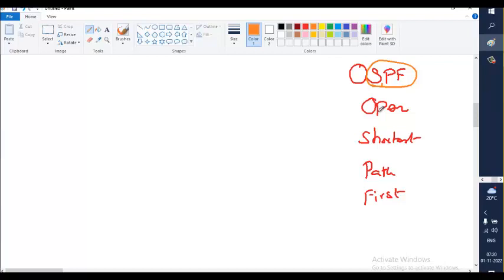Binary tree algorithm is another word. There are many names for this. Dijkstra's algorithm is also one of the names. The algorithm was proposed by a person called Dijkstra.